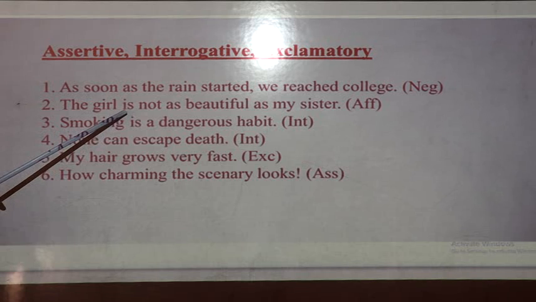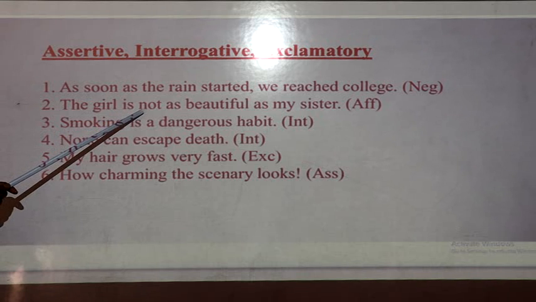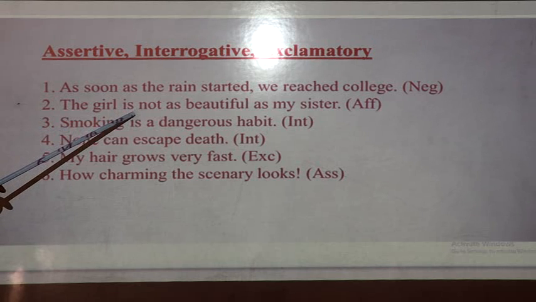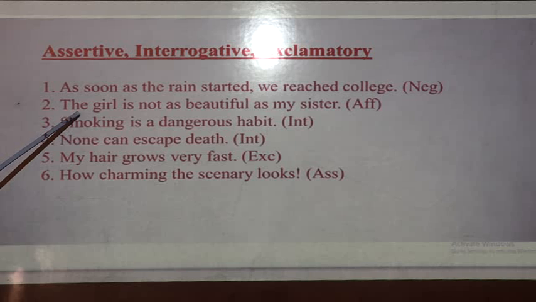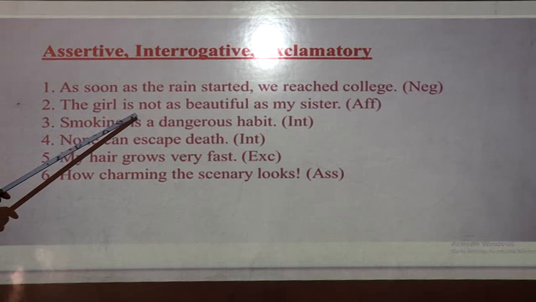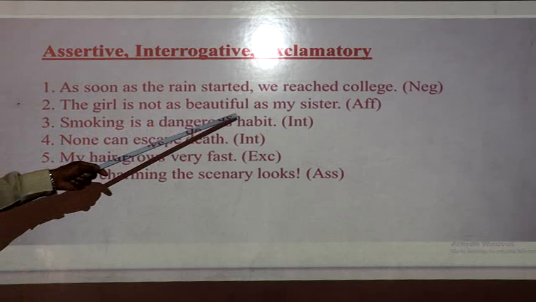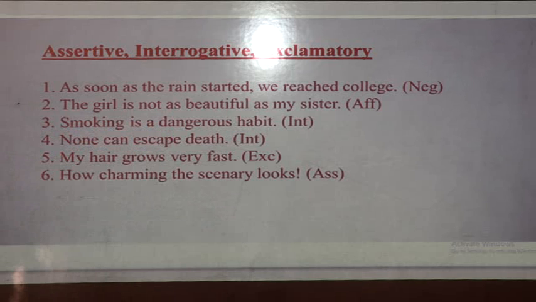There is the use of negative word, not. It is negative sentence. We have to make it affirmative sentence. The girl is not as beautiful as my sister. Basically it is related to change of degree. There is the use of not, so it is negative also. We can use the girl is less beautiful than my sister.